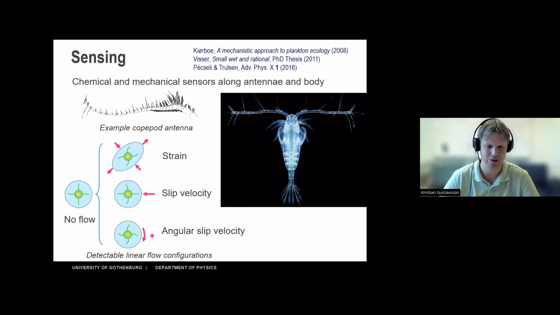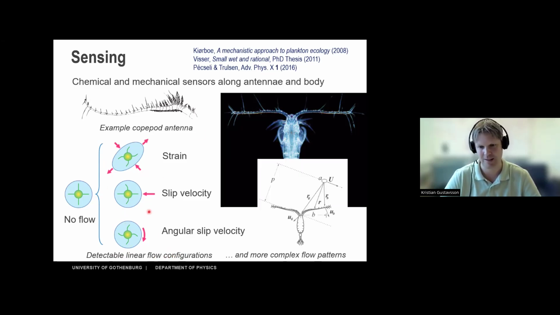Similarly, they can measure the angular slip velocity, that is the difference between their own rotation and the flow rotation. So these are the typical linear flow configurations that they can detect, but since they have an array of these, they can also detect more details about nearby objects. For example, they can determine the size and velocity of a close by particle that settles or moves through the flow in its vicinity.